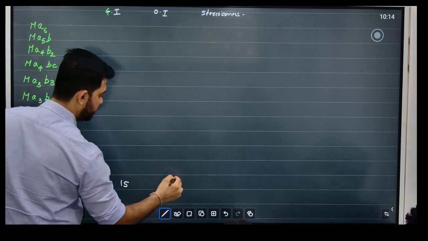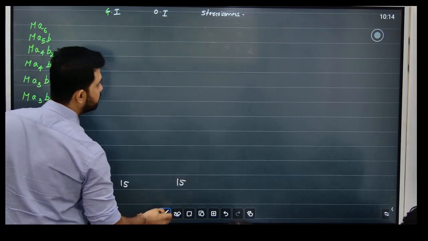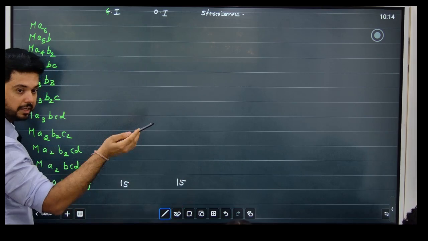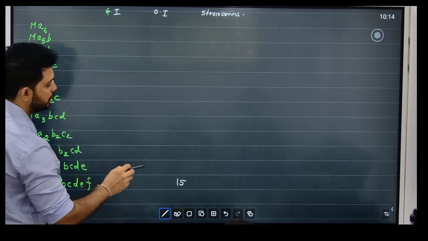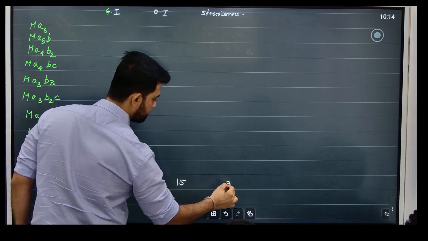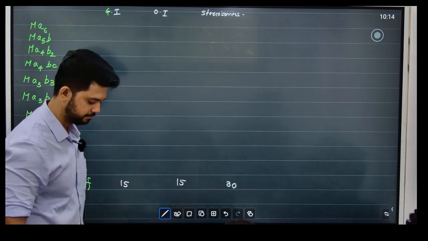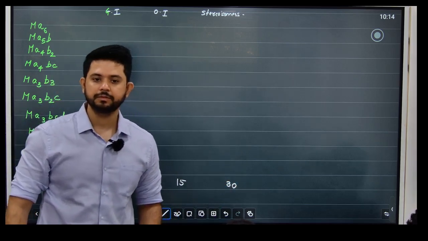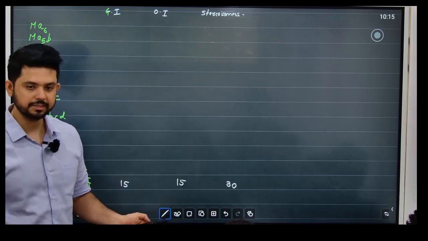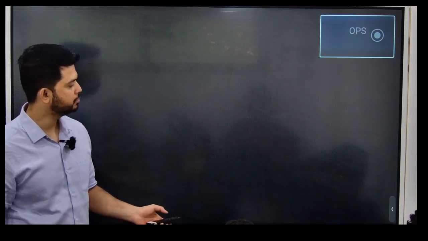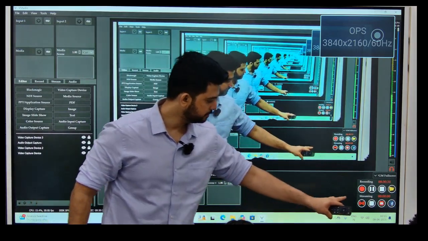And how many optical isomers? 15. Remember 15 D and L. So total number of stereoisomers 30. You can either remember it like this या एक टेबल देता हूँ, आप उस टेबल को मेमोराइज कर लो.